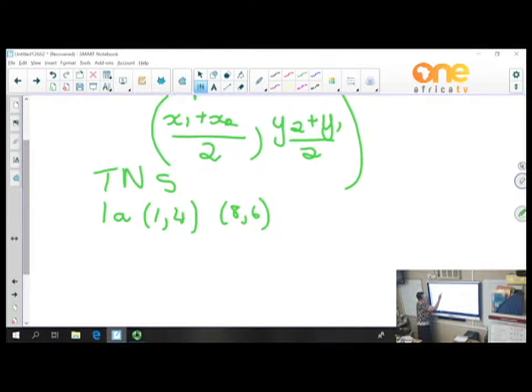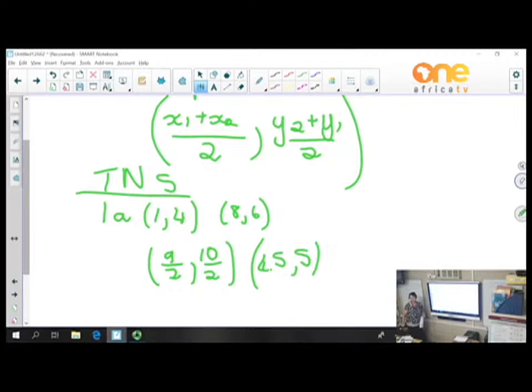So the midpoint is then 9 over 2 and 10 over 2, which is 4.5 and 5. There's the midpoint. Can you see? So there's then the first one, and this is very easy. I just need to know my formula, then I can do it.